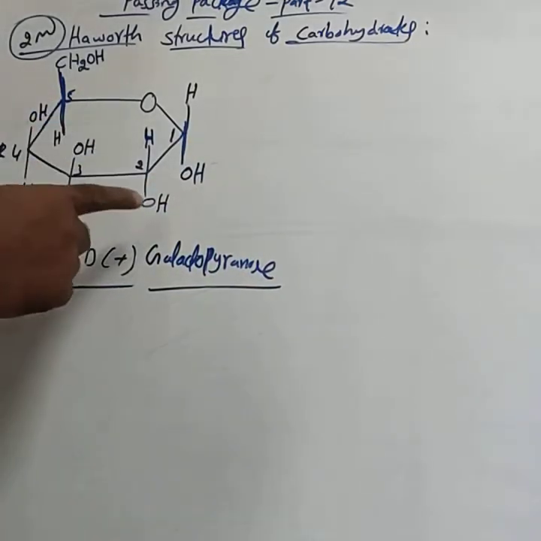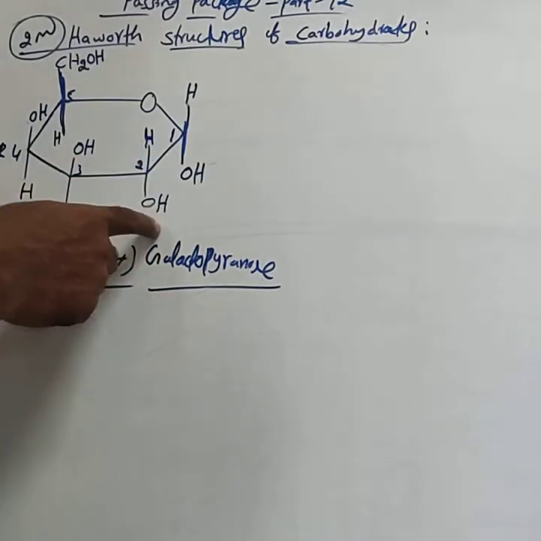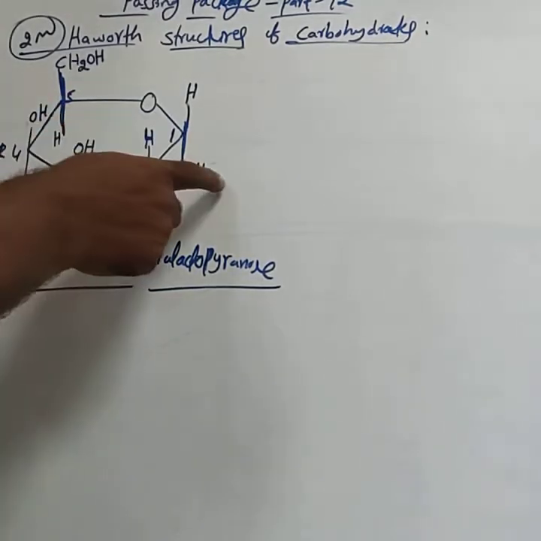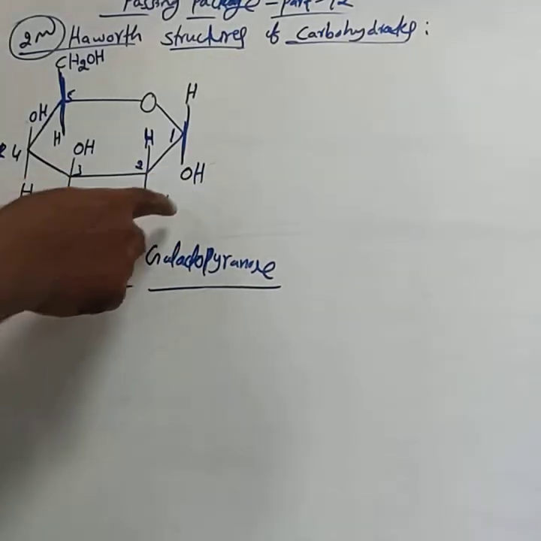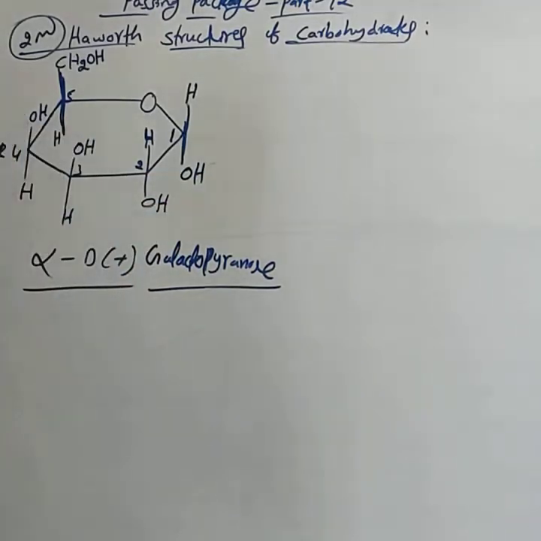Alpha D plus galactopyranose is below, above, below, above. You concentrate only on the OH corners. Then the remaining corners will automatically be hydrogen only. This is about the alpha D plus galactopyranose. If you know the alpha, you can easily write the beta.